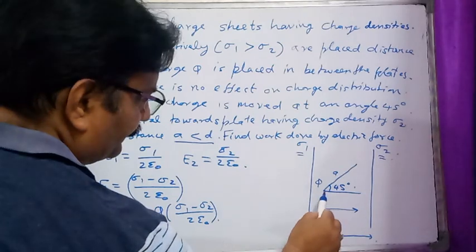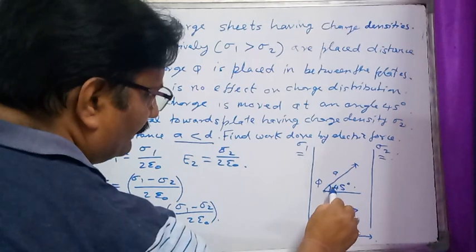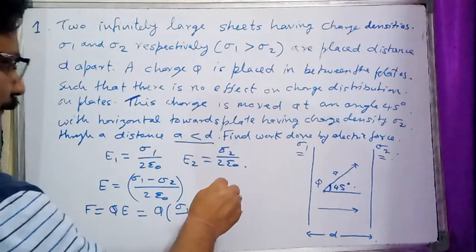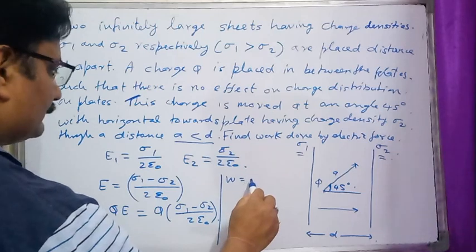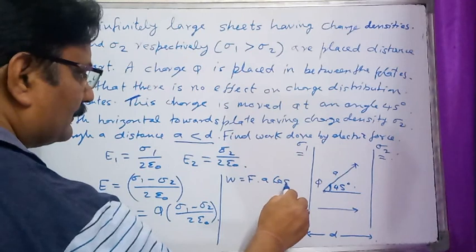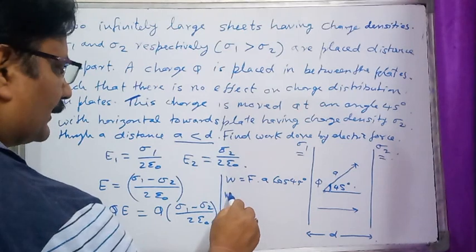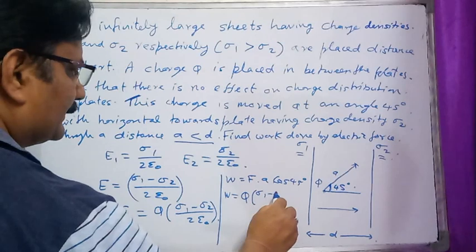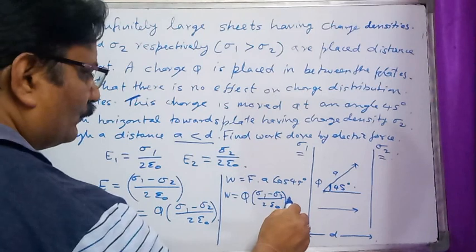Now you can see in the figure the direction of the displacement a is at angle 45 degree with the direction of the net electric field. So what is the work done by the force? W equals F into a cos 45 degree, or the value of the work done W is equal to Q multiplied by sigma 1 minus sigma 2 divided by 2 epsilon naught into cos 45.